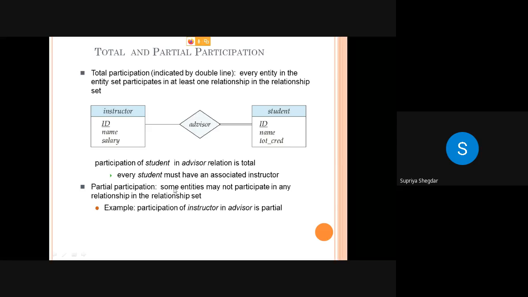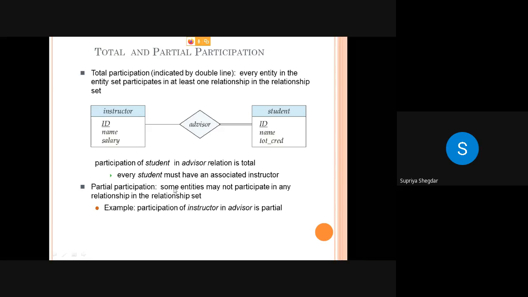Some of the entities are participating in the relationship set and some entities are not participating in the relationship set, then it is called partial participation. An example is the participation of the instructor in the advisor relationship, which is partial, because only one instructor is sufficient for a group of students.